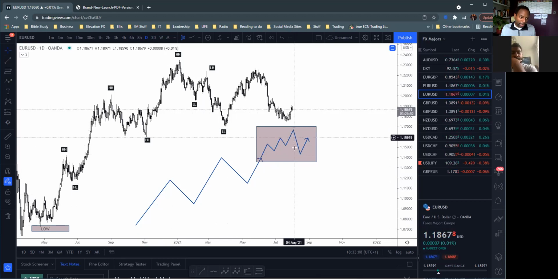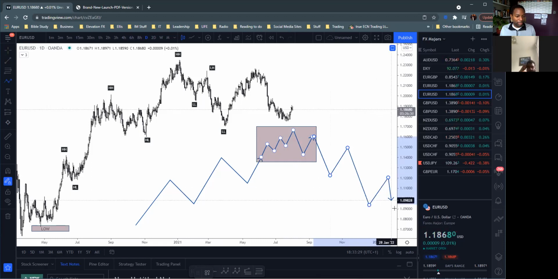Well, now we have our first lower low. So at this point, this is really telling us that on the shorter time frames, we're starting to see a change of direction. And likely what happens from there is we start to see this type of move: impulse, correction, impulse, correction, impulse.